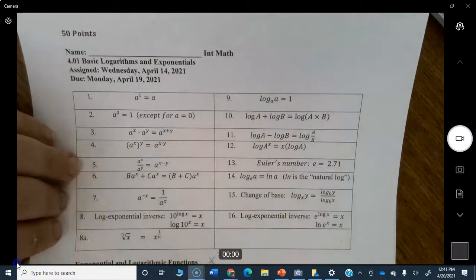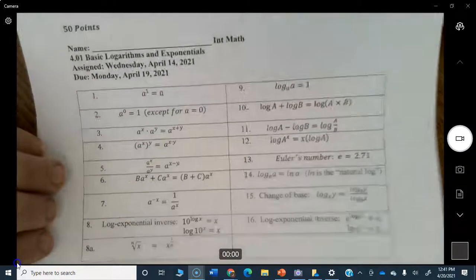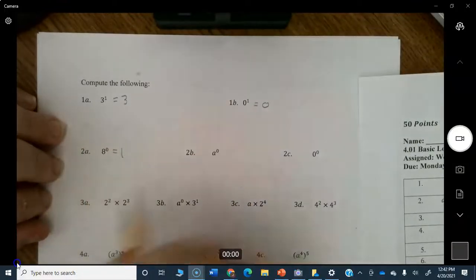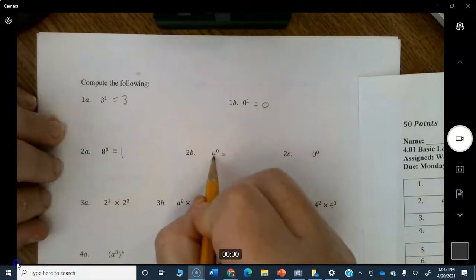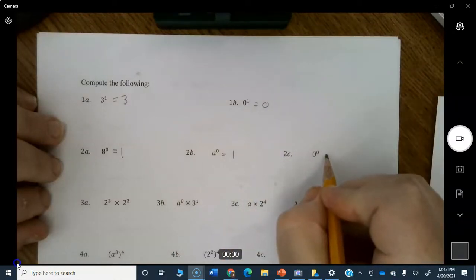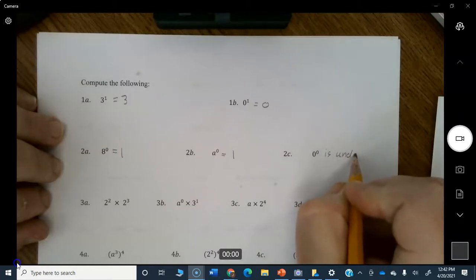It just doesn't exist. Why that is, you don't need to understand. So 8 to the 0 power equals 1. A to the 0 power, it doesn't matter what a is, it equals 1. And 0 to the 0 power, we said, is undefined. It doesn't exist.